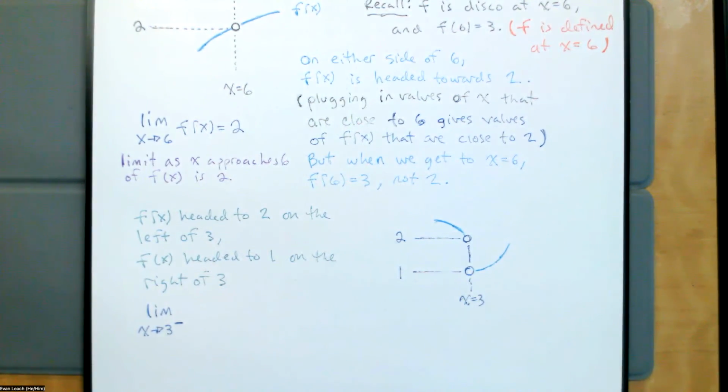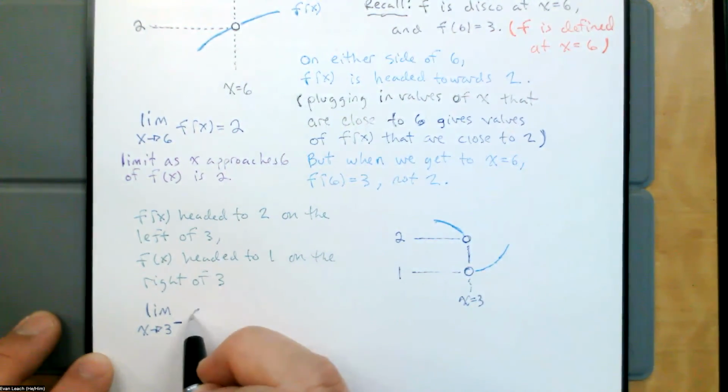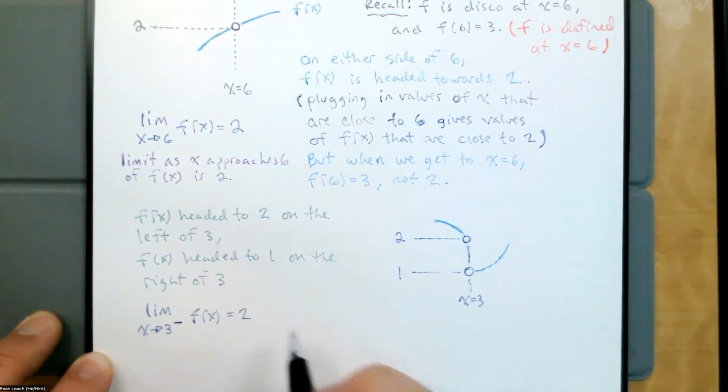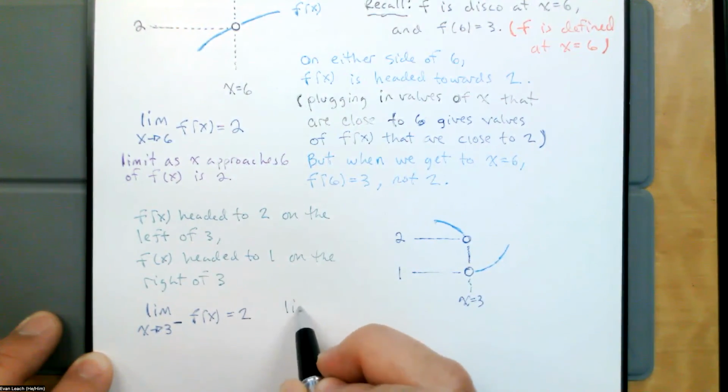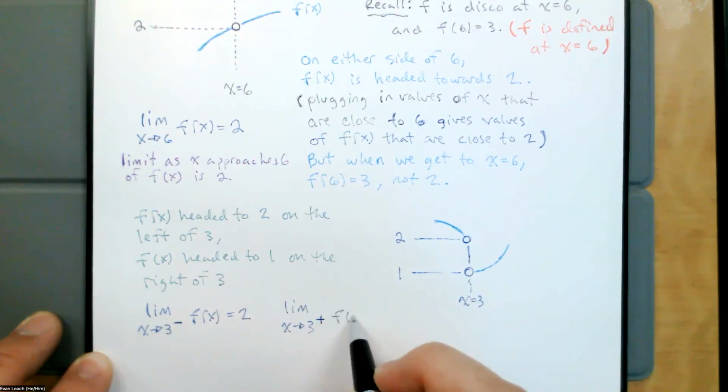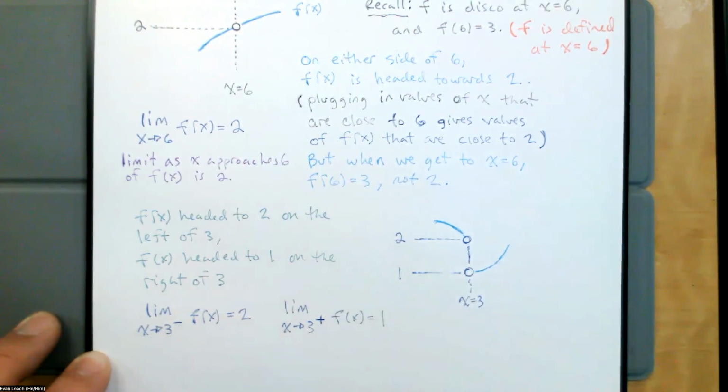This is because mathematicians love the notation for things. Now we would say that the limit as x approaches 3 from the right is 1.